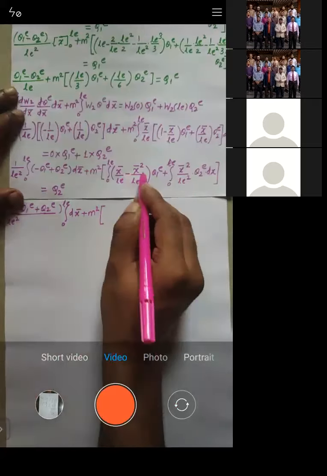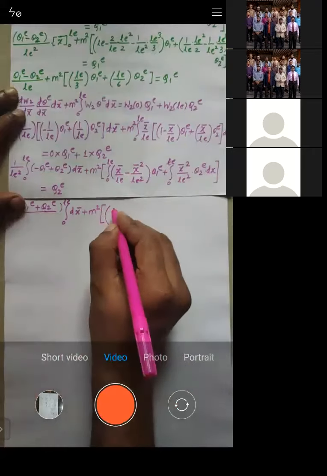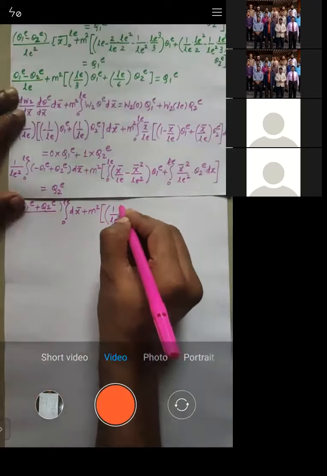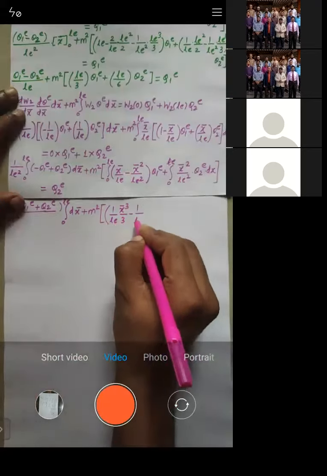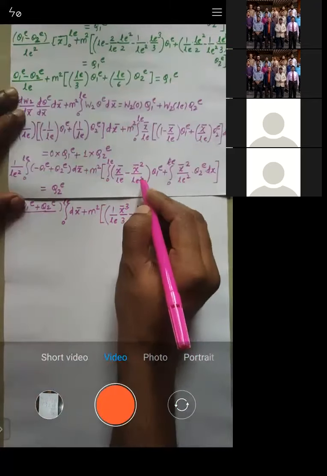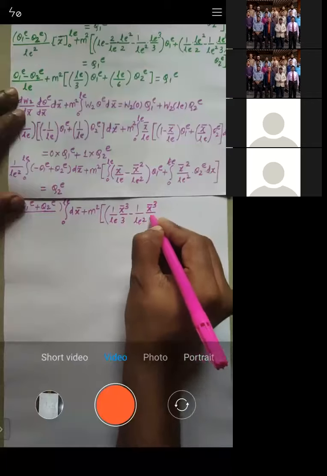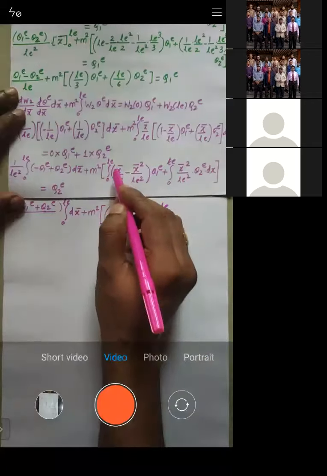Now I will integrate this term. What is the integration of 1 by LE as it is? Integration of x bar is x bar cube by 3 minus 1 by LE square as it is, integration of x bar square, it is x bar cube by 3, for the limit 0 to LE.